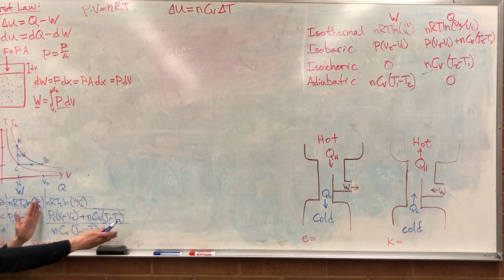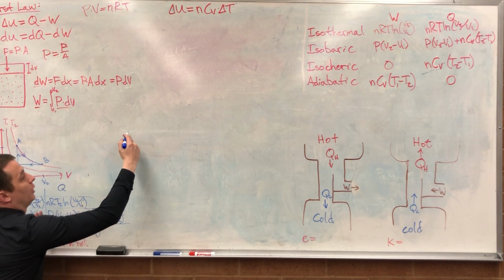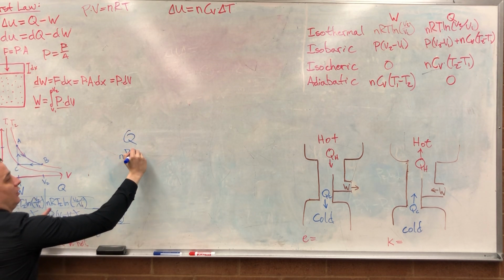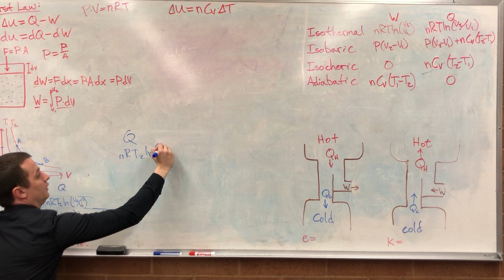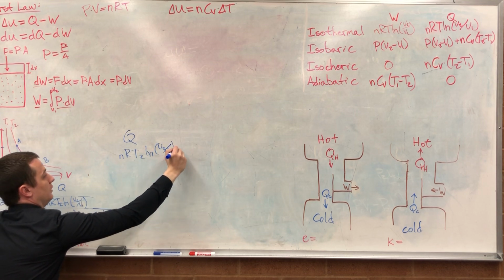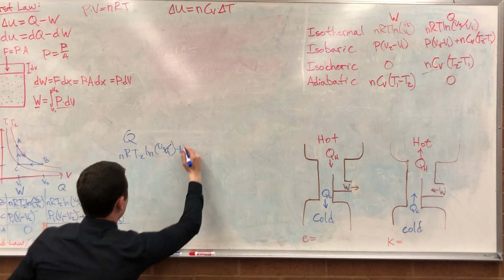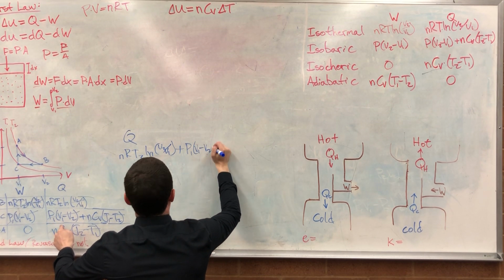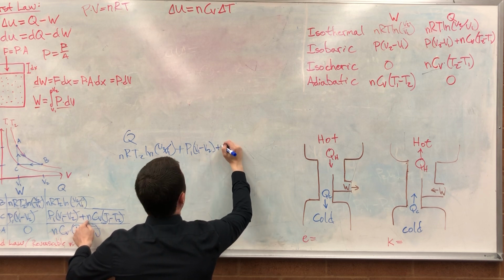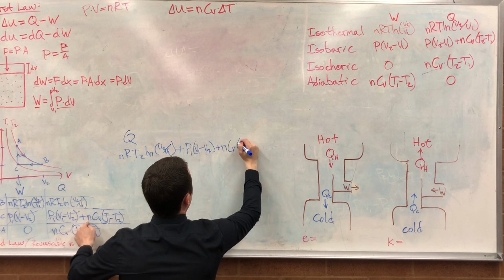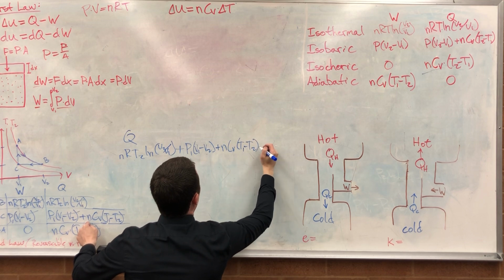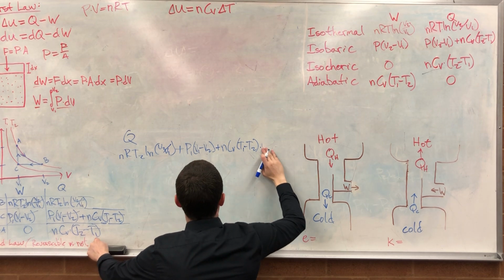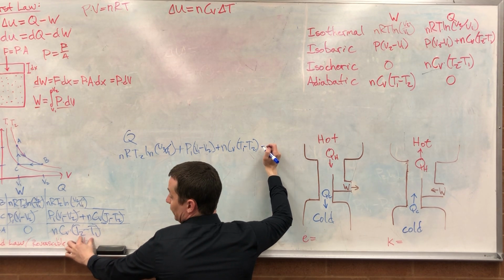If I would have added up all my Q's, I would have had nRT2 natural log of V2 over V1 plus P1 times (V1 minus V2), and then plus nCV (T1 minus T2), and then minus nCV (T1 minus T2) when I flip the order.